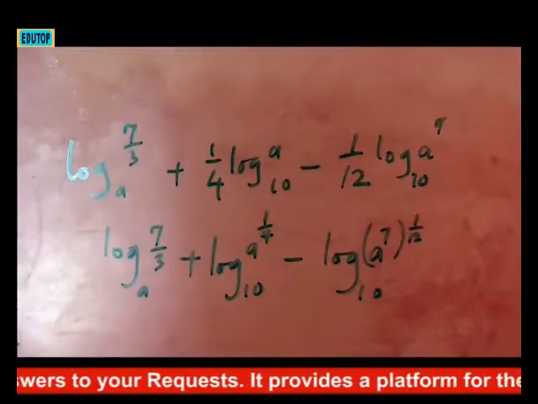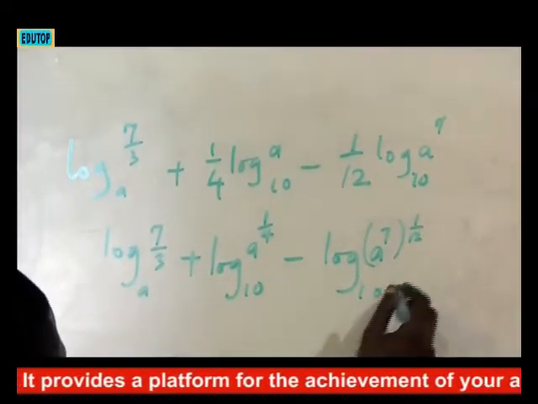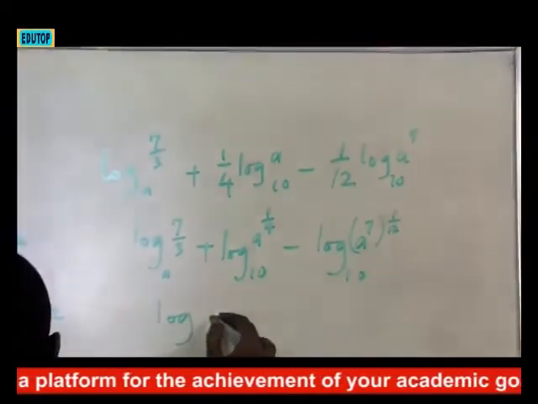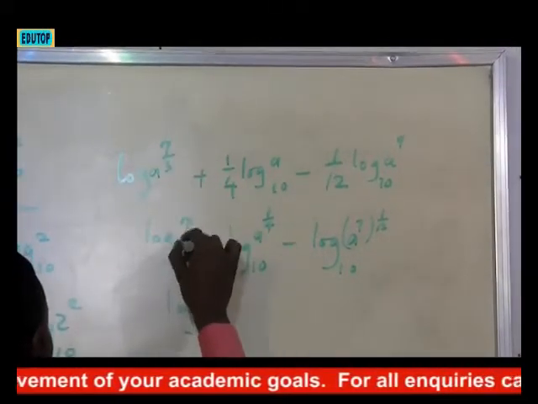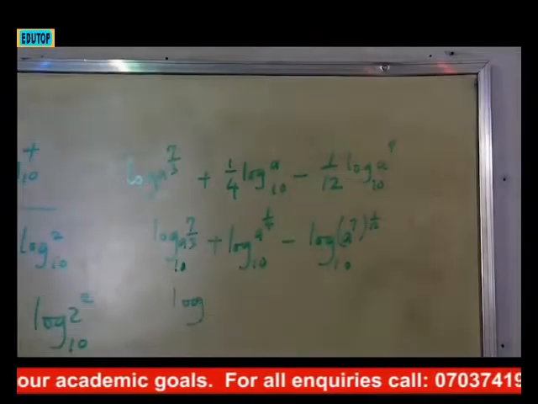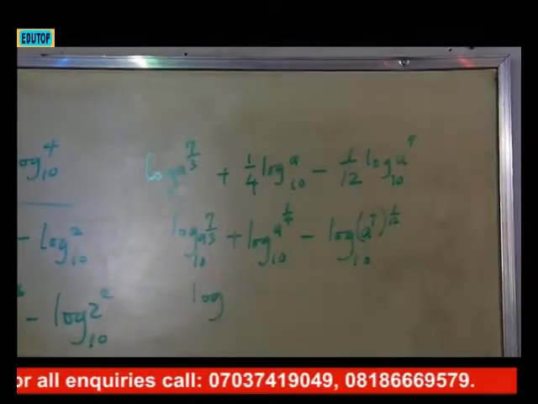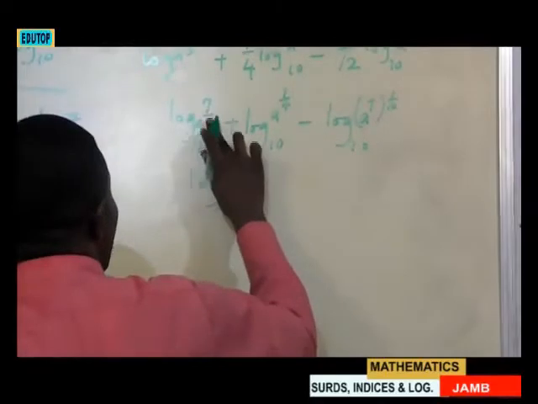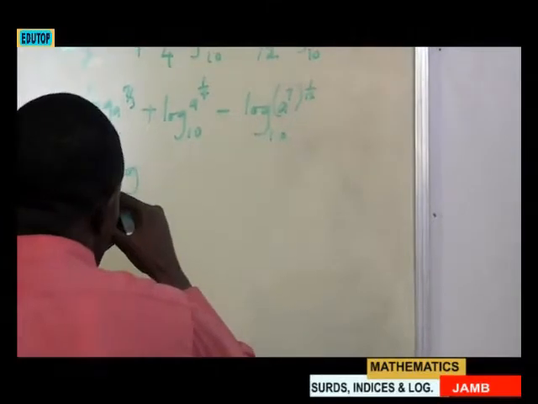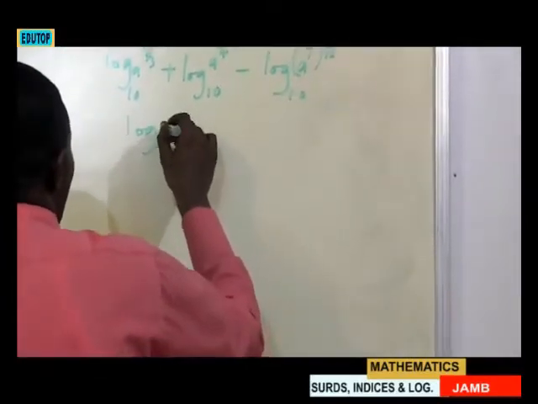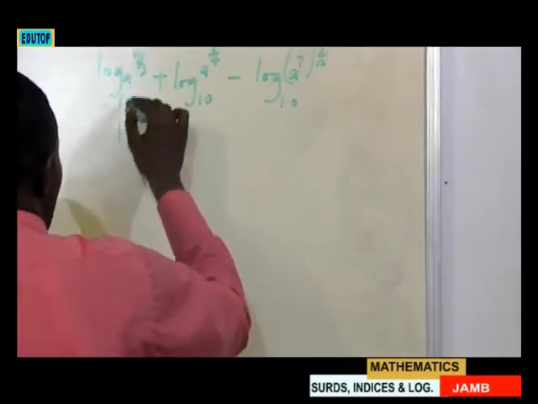So here we have log A raised to power 7, and this is log A base 10. So here we have log A 7 raised to power 3 that I'm having, so in this situation we are going to have this plus log A raised to power 7 over 3 base 10 and this.